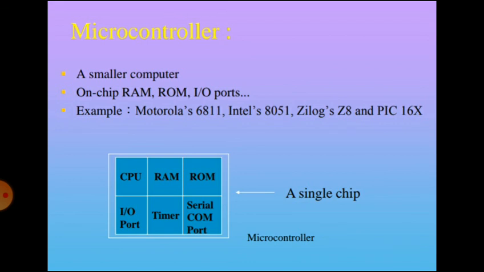A microcontroller contains one or more CPUs or processor cores along with memory and programmable input output peripherals. It is often used to run dedicated code that controls one or more tasks in the operation of a device or a system.